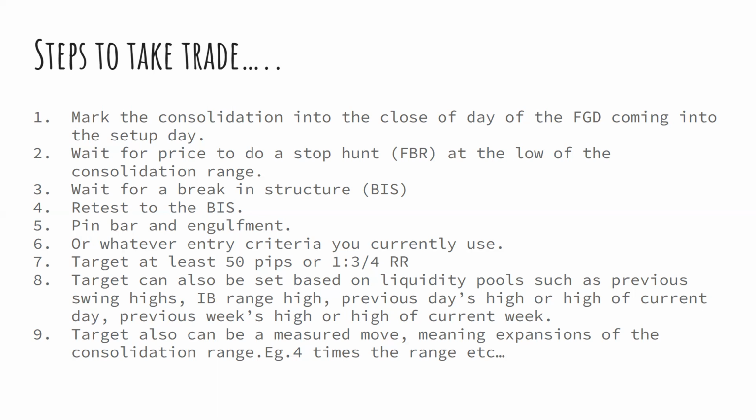Apply whatever entry rules you have and get in once you see that stop hunt and breaking structure, and you apply your way of entering the market. Your target would be at least 50 pips, probably a 1 to 3, 1 to 4 risk to reward ratio.